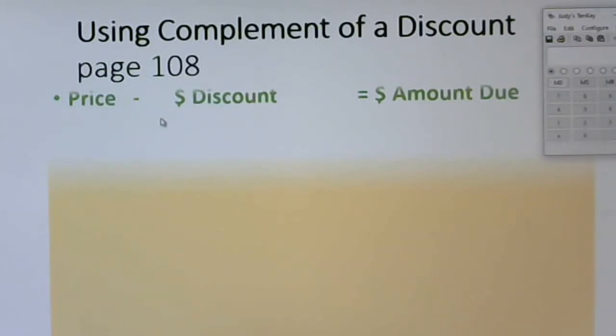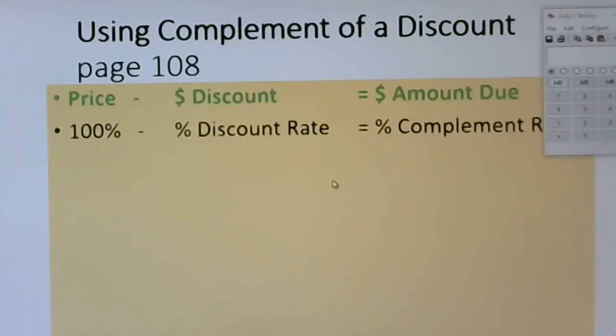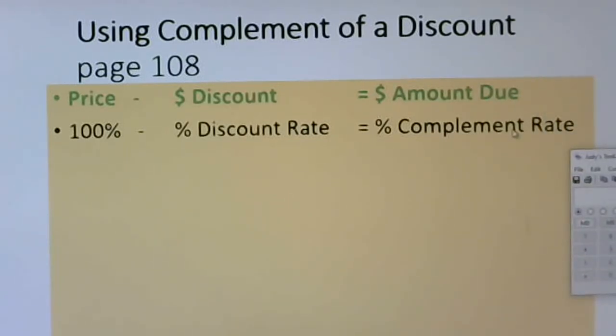So if my price minus the dollar discount gives me the dollar amount due, 100% minus the discount rate gives you the complement rate.